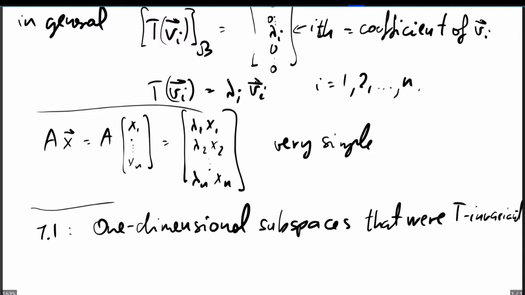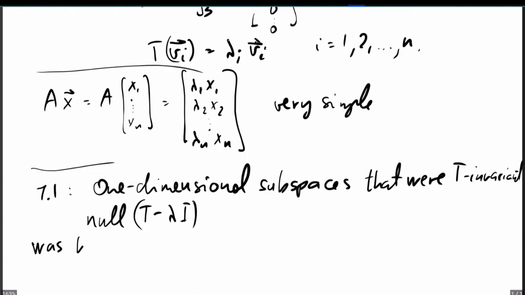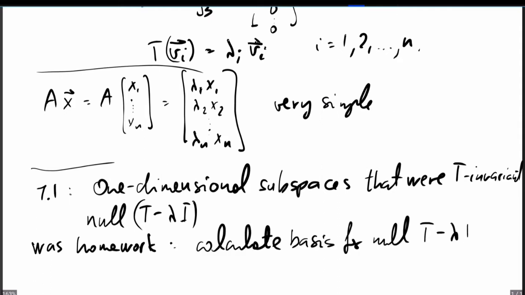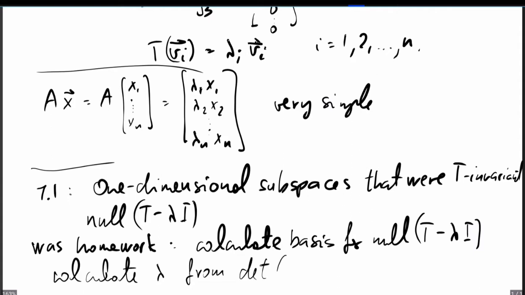So what we had was null spaces of T minus lambda I. We had homework assignments to calculate this null space, or a basis for the null space, and also to calculate the eigenvalues from the characteristic equation that was obtained using the characteristic polynomial, which is usually written as the determinant of xI minus the matrix of the transformation in some basis.